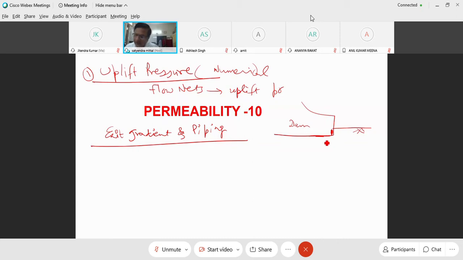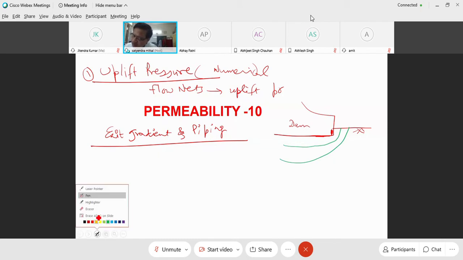Let us say the flow lines were something like this, and these are the equipotential lines.